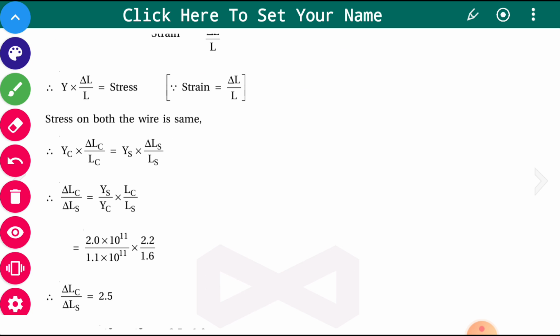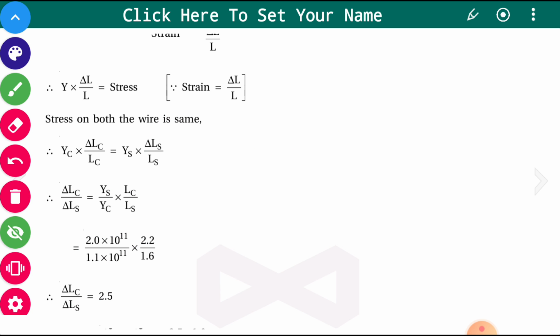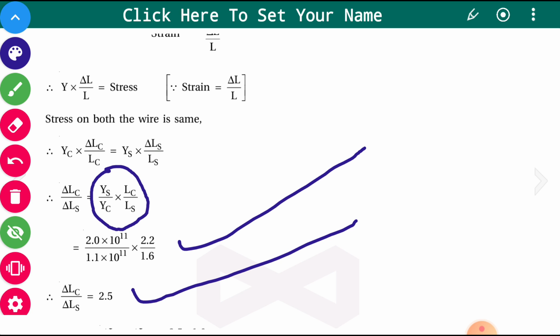Now, delta LC upon delta LS can be obtained. Just shifting the different terms on right hand side and left hand side, place their values. You get delta LC upon delta LS to be 2.5.